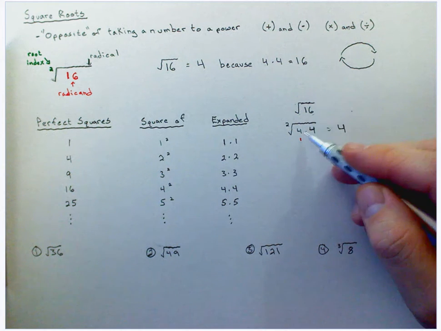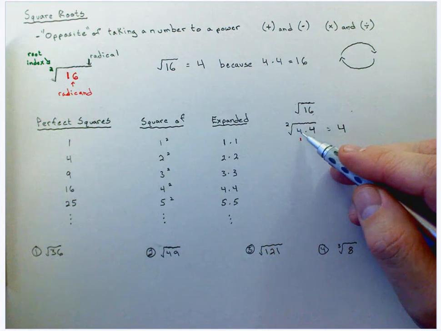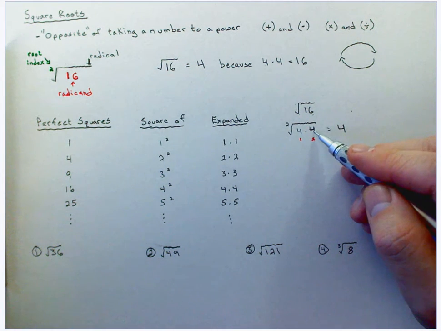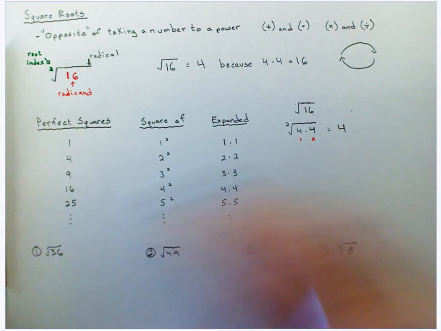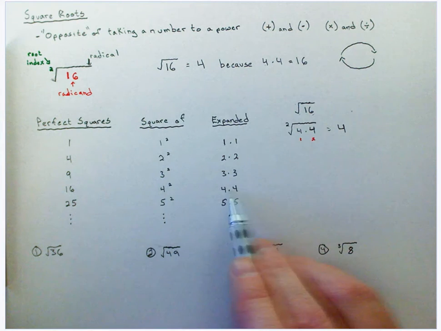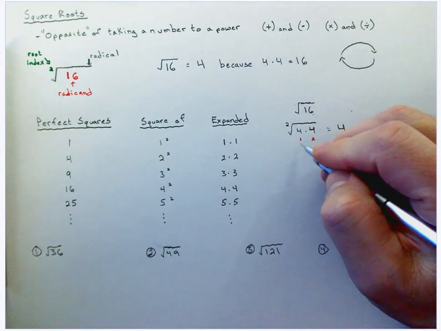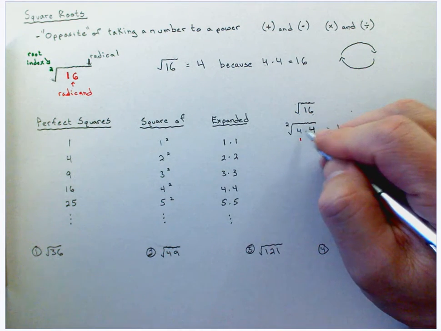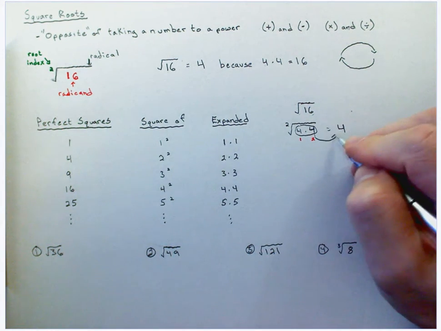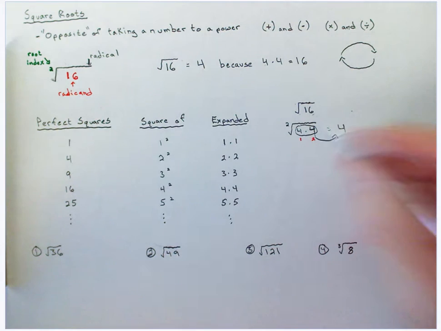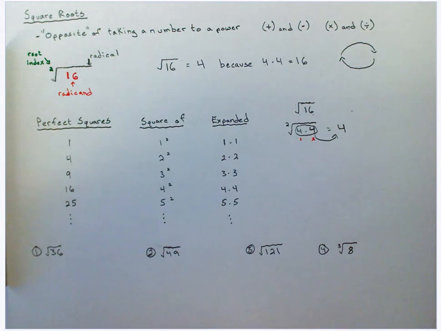Well, the factors of 16 are 4 and 4, and that is one of my perfect squares. 16 is a perfect square, which I understand is 4 times 4. This allows me to pull out a 4. I can pull one of these 4s out of the radical and the other one just goes away. Really, it's conceptual. It's how you see taking a square root.